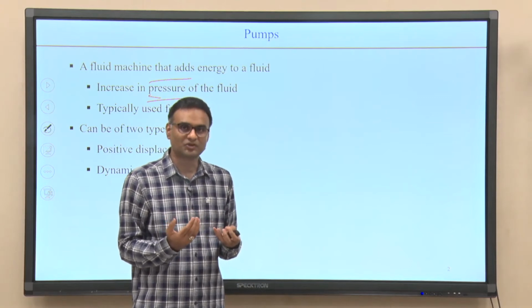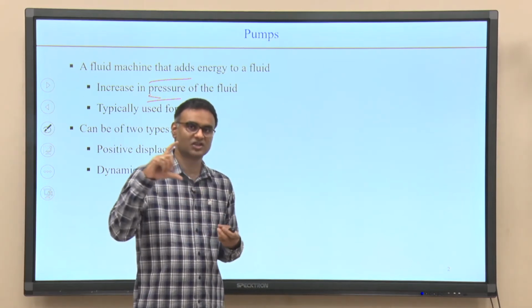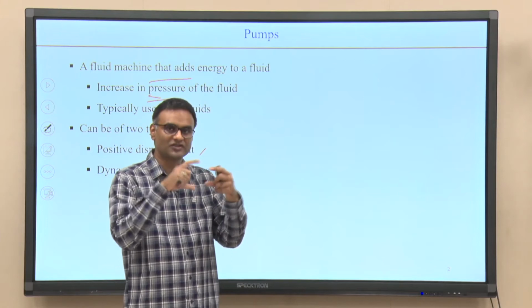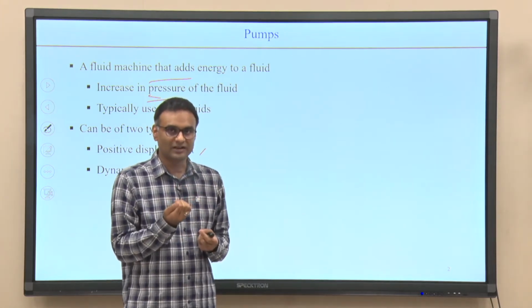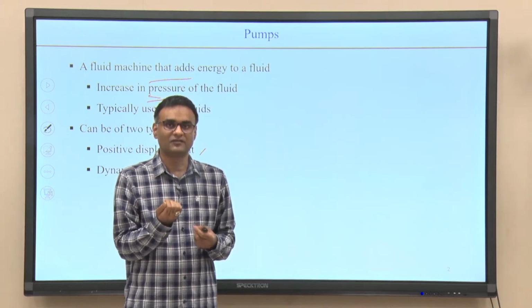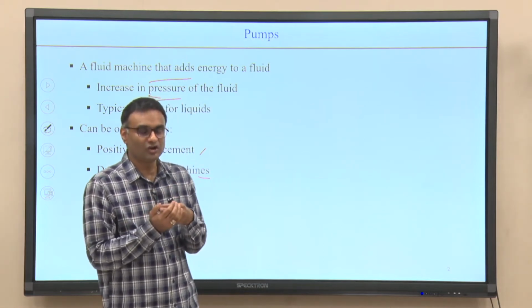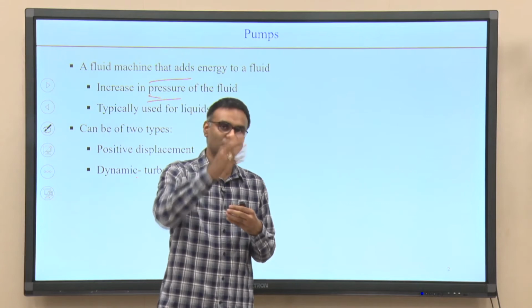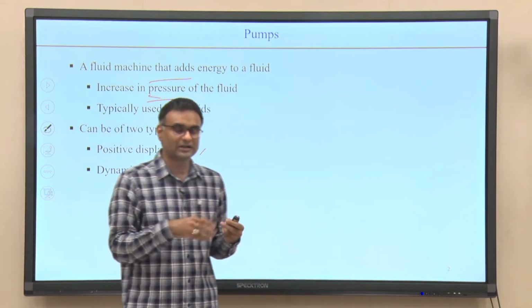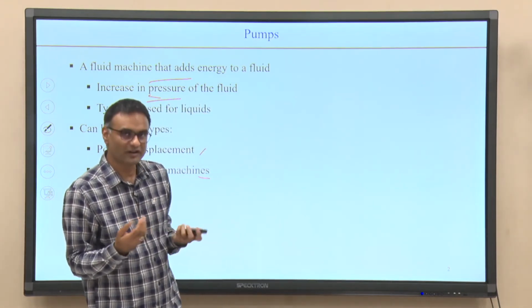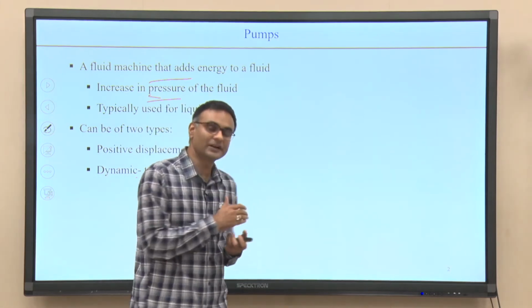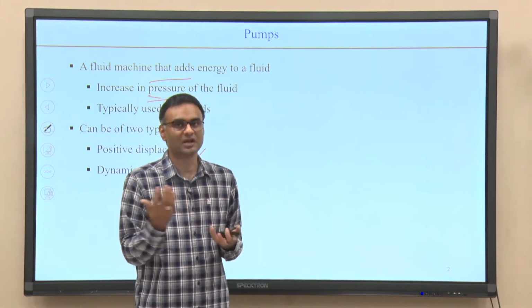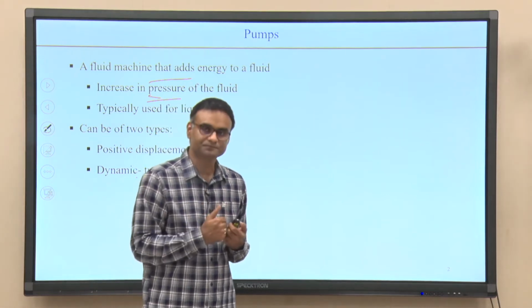They work on the principle that there is a chamber volume, and when the chamber expands it takes in water from one side, and when its volume decreases the fluid is pushed along. There can be different mechanisms for it. One example is the peristaltic pump. For that matter, the heart is also a positive displacement pump.